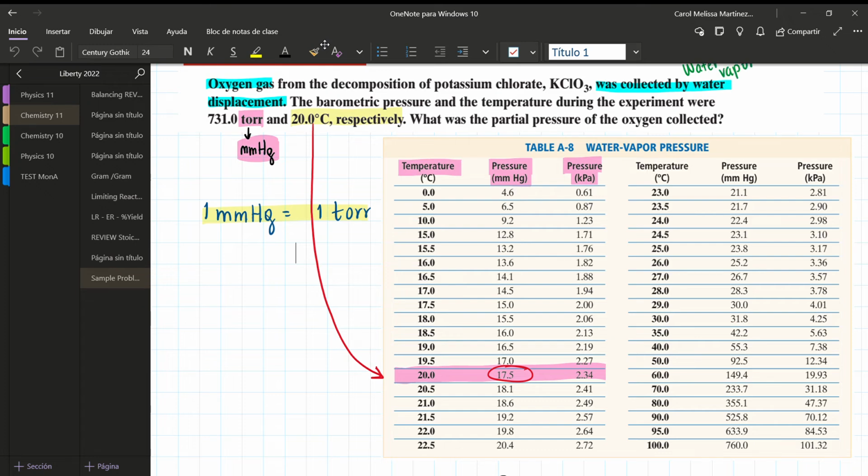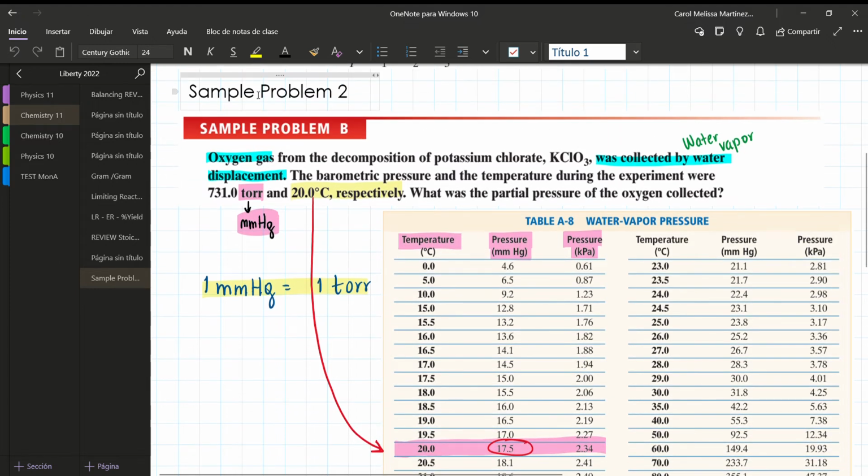And as you remember, water vapor is a gas. So how many gases do I have in the problem? I have oxygen gas and I have water vapor. So I have a total of 2 gases.